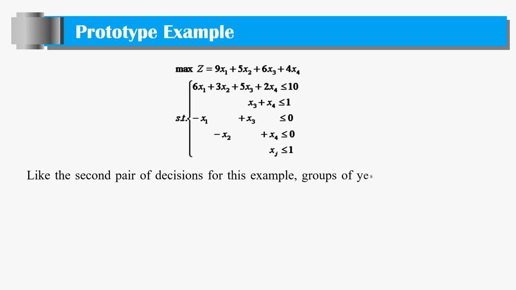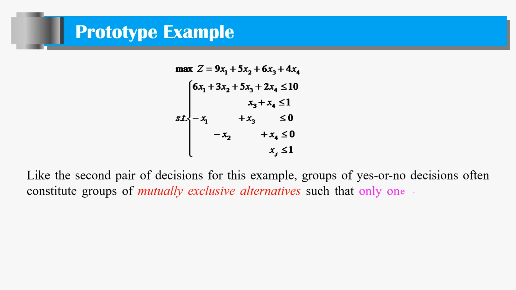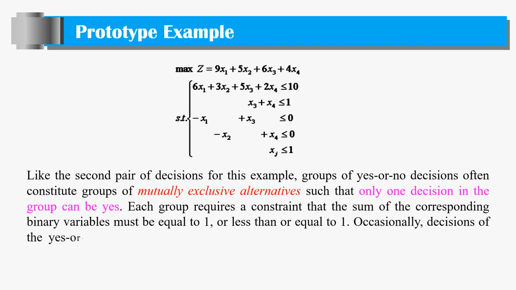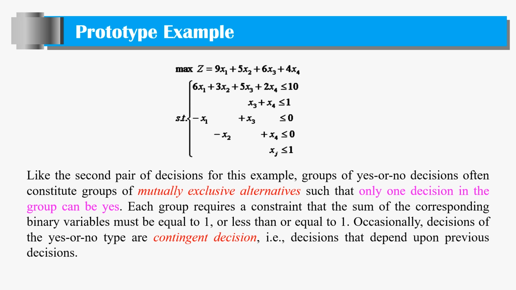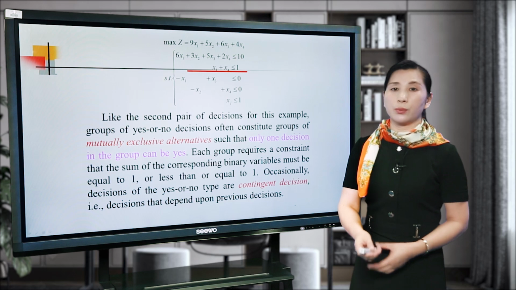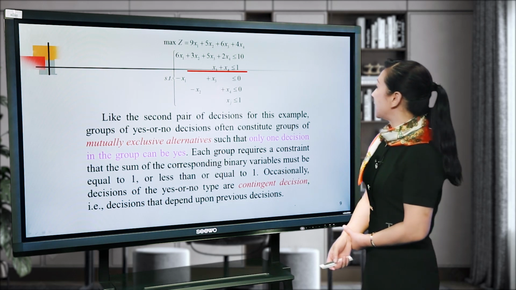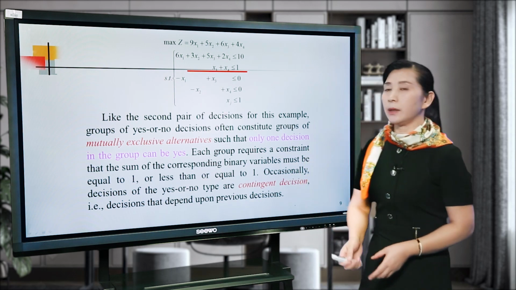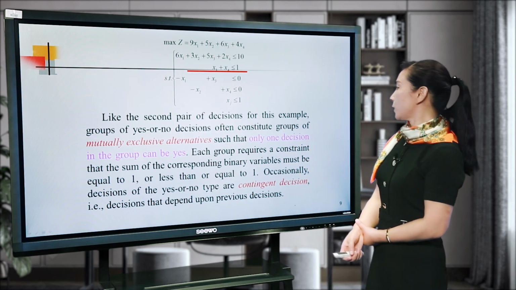In this model, we noticed that, like the second pair of decisions in this example, groups of yes or no decisions often constitute groups of mutually exclusive alternatives, such that only one decision in the group can be yes. This is the mutually exclusive constraint. That is, only one can equal 1, and the others equal 0.